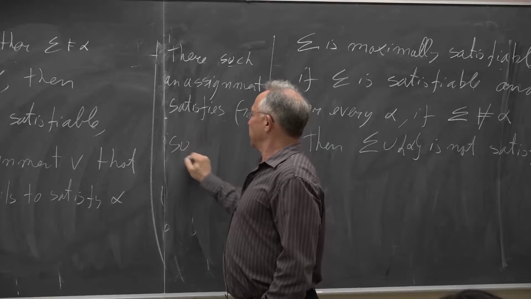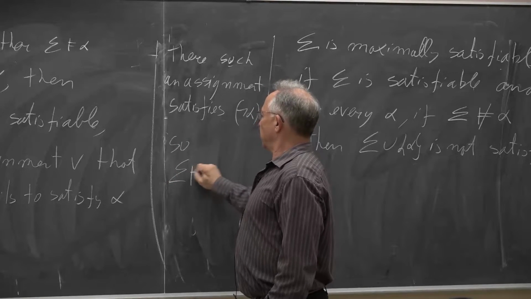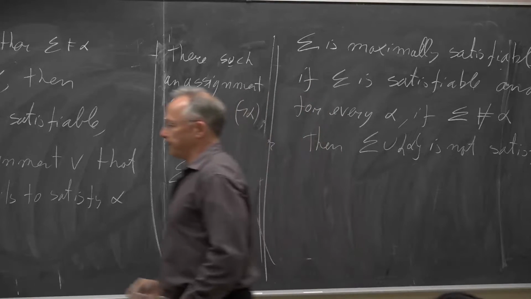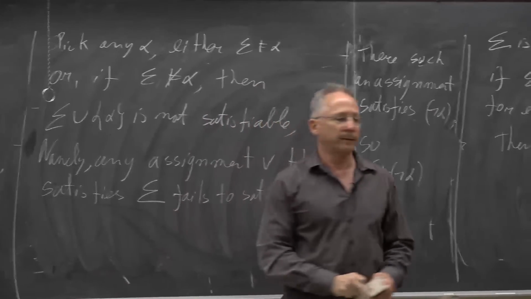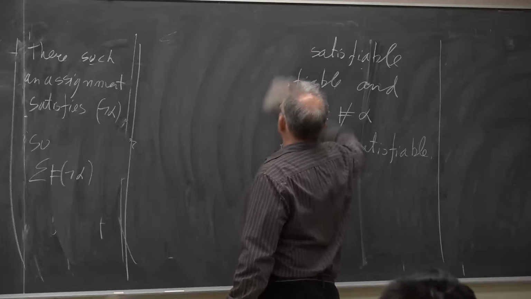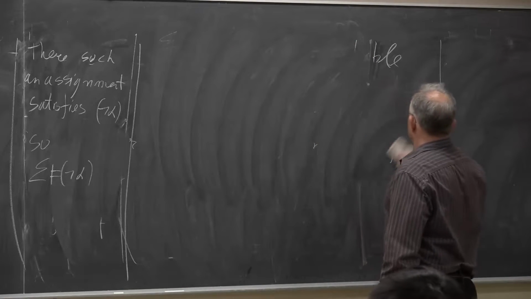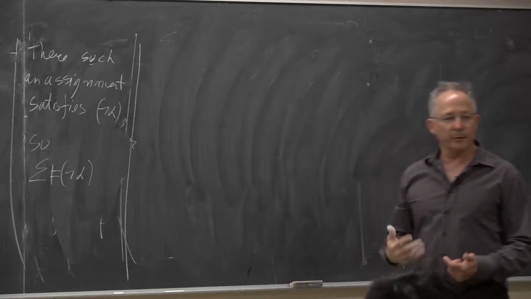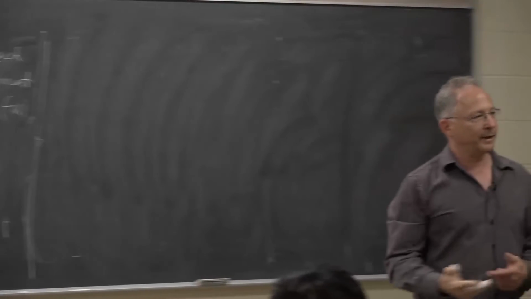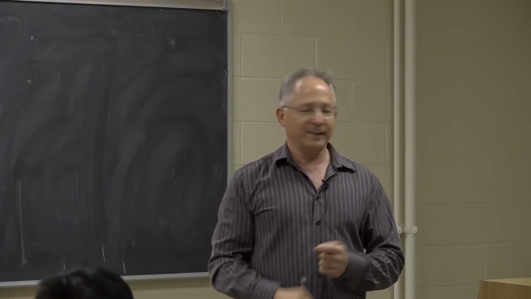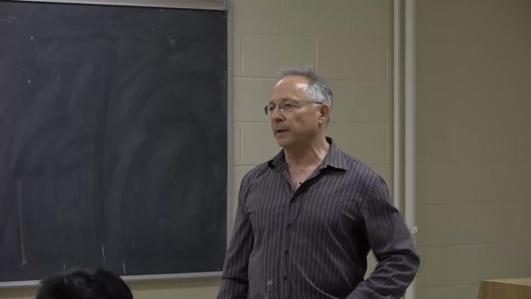So sigma logically implies not alpha. This is kind of a confusing game because we are all the time juggling around with the definitions. But it should not be very difficult once you get used to the definitions.